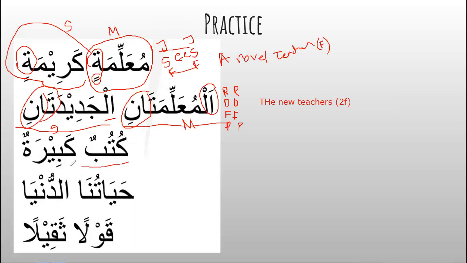Kutubun kabiratun. Now it's a tricky one. First look at this word, kutubun. Kutubun is rafa, and it looks singular, right? Un at the ending, but it means books. So it's plural, right?